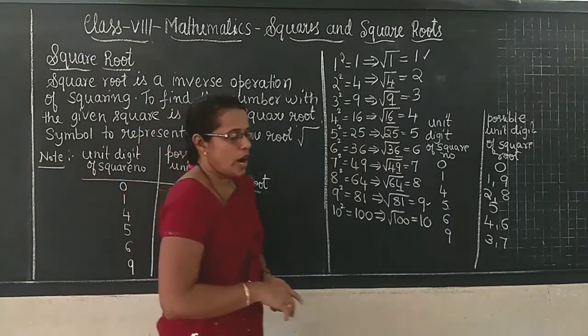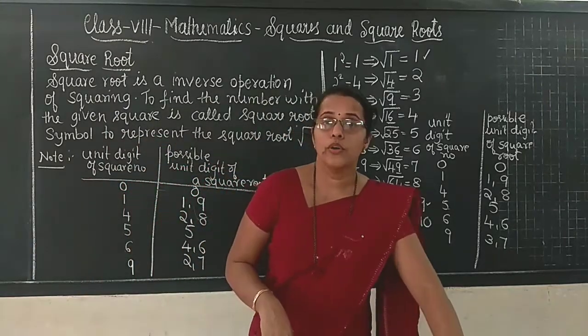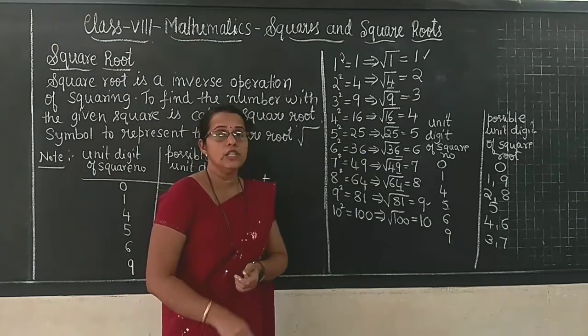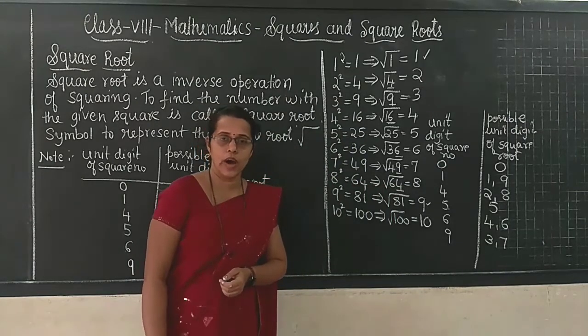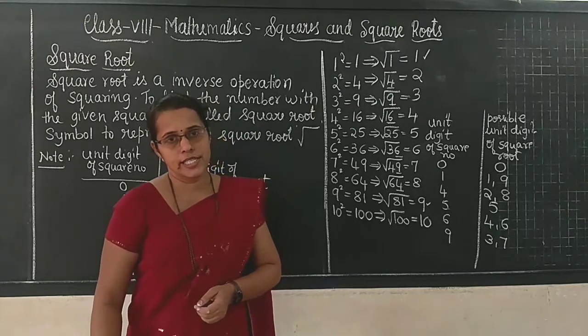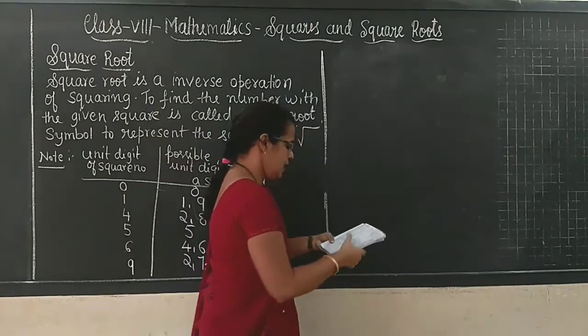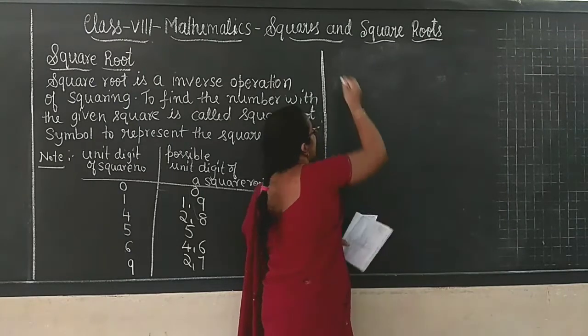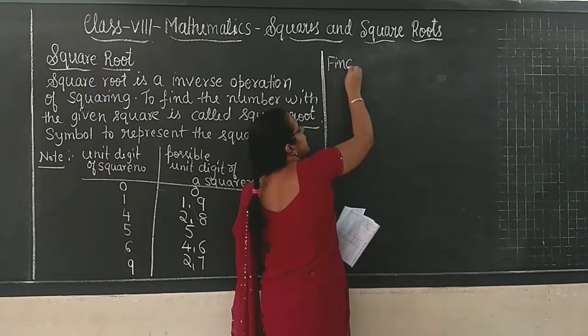Okay children, so after learning that, now you have to learn the two methods of finding the square root of a number. Okay, let us write that children. So see here, finding the square root by repeated subtraction.